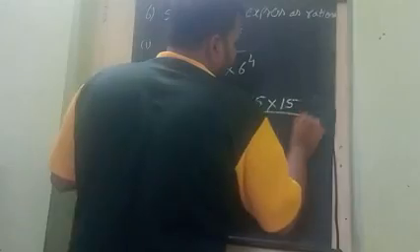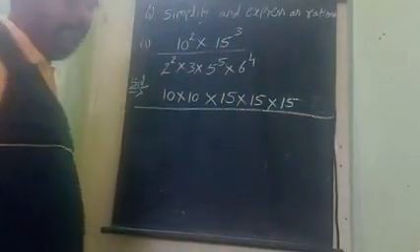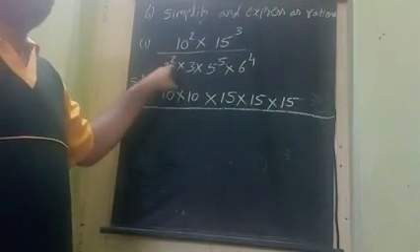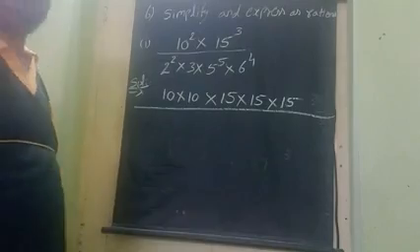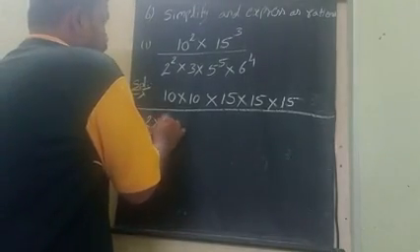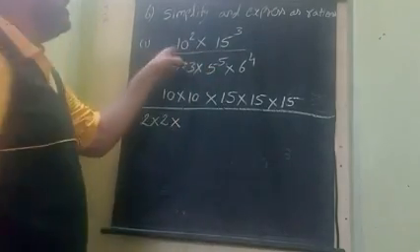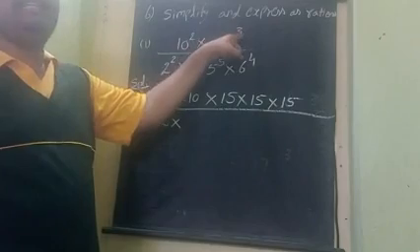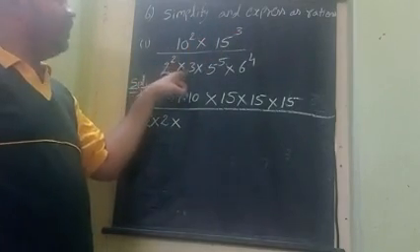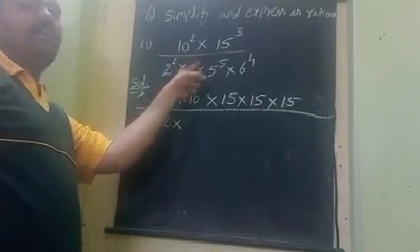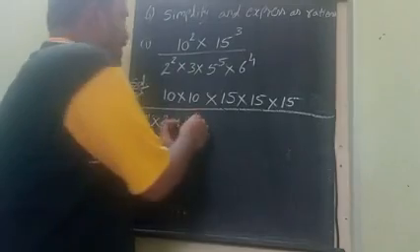I am coming to the denominator part. What is in the denominator part? The denominator has 2 power 2. Power 2 means we have to write 2 two times: 2 into 2. Then 3: is it having any power? No, so write 3 as 3 only.